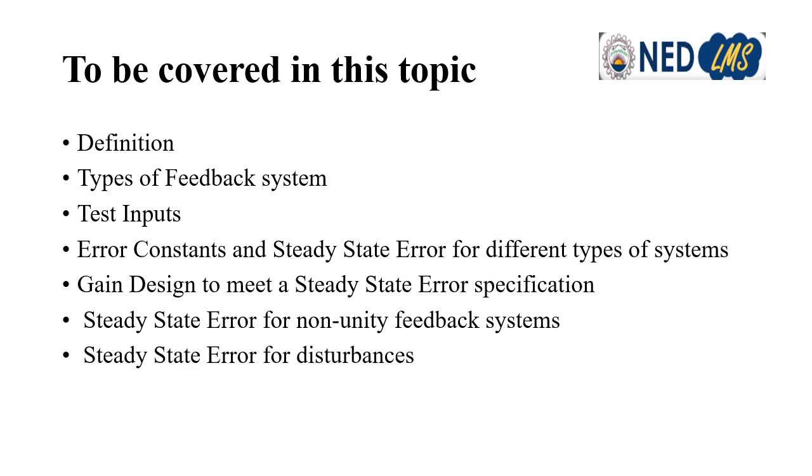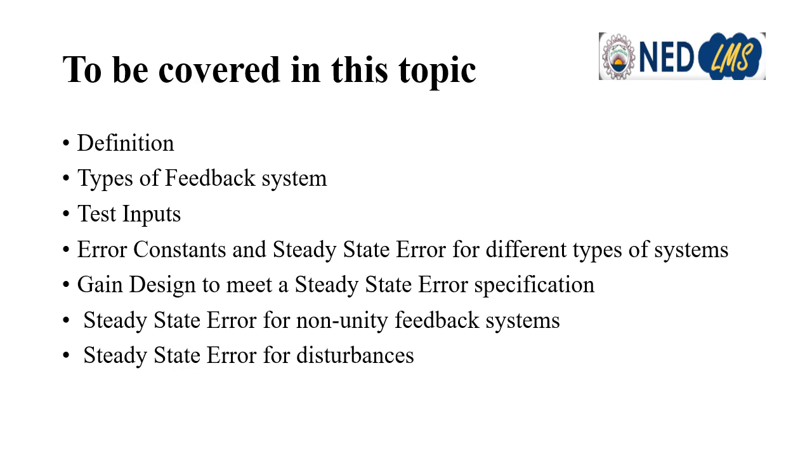We have a particular value for a particular type of input and a particular type of feedback system. Finally we will define the steady state error for every type of system and every type of input.